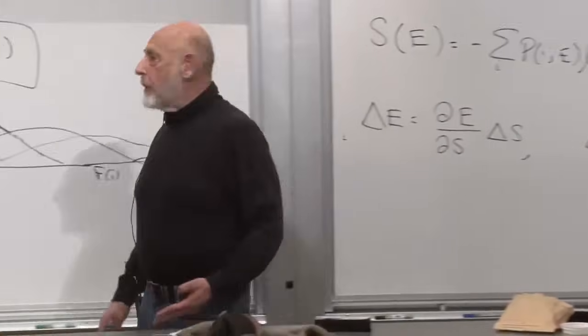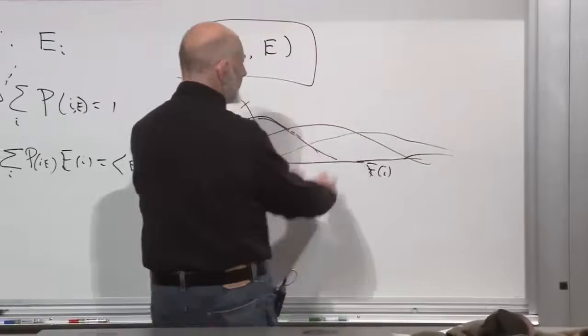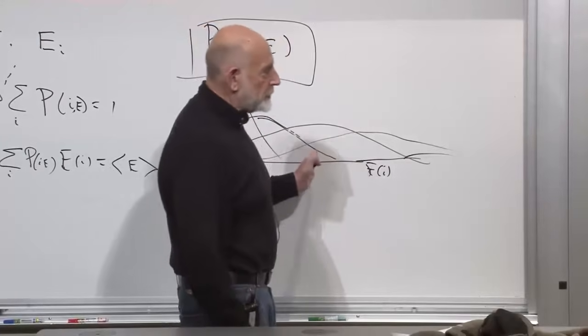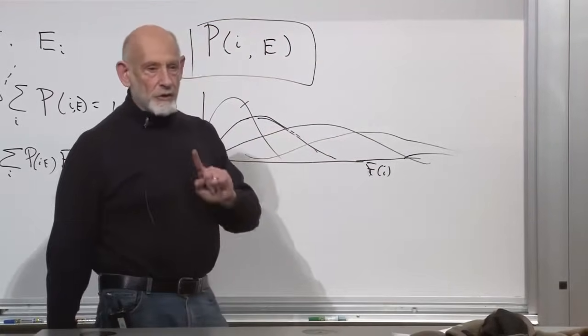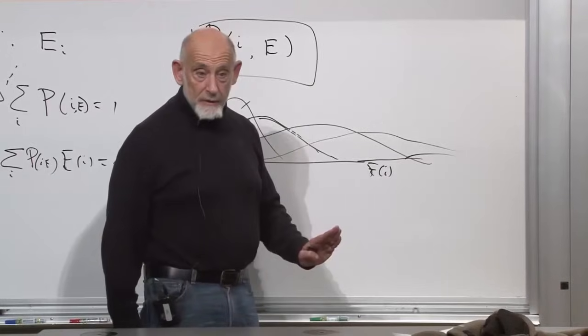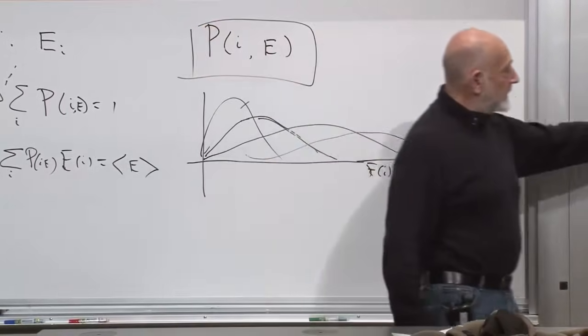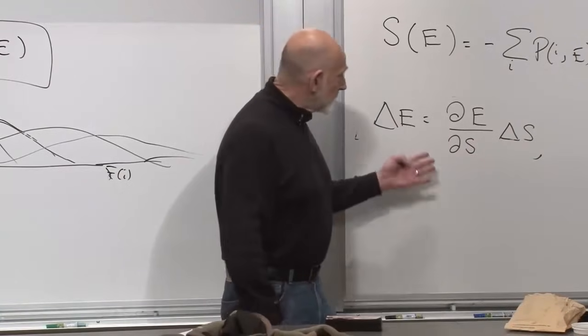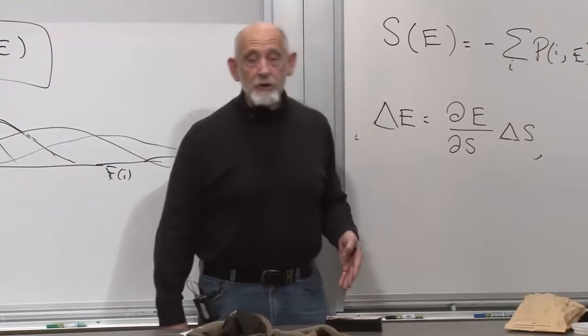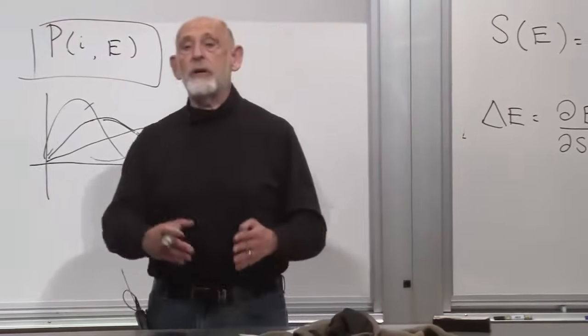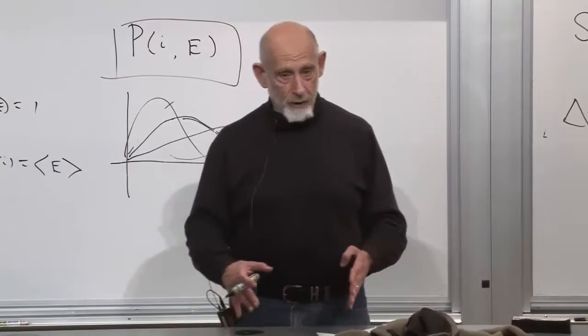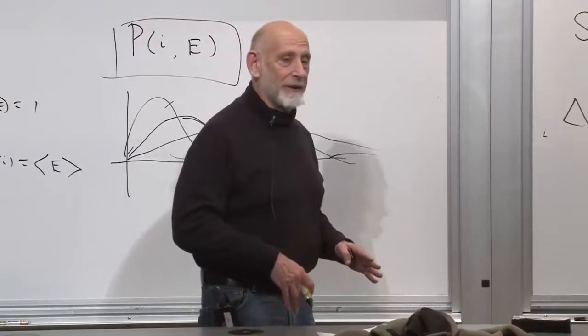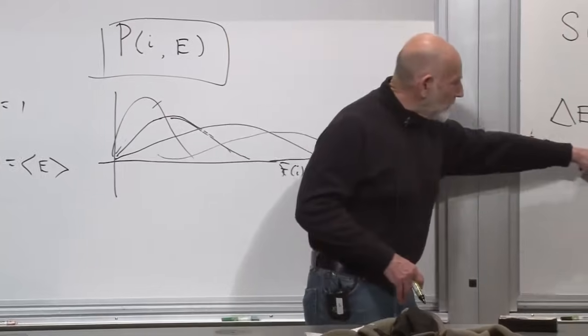If, for example, I want to know how much I have to shift the probability distribution, how much I have to shift the energy in order to change the entropy by 1 bit, then I would just stick in for delta S 1 bit, namely log 2. So that would tell me how much energy it takes to change the entropy by 1 bit. The main point here is this object over here.